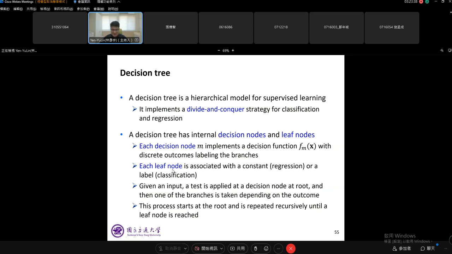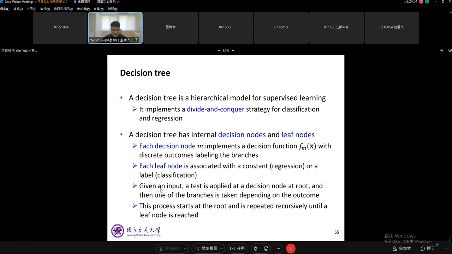It itself is a leaf, so there are no following branches. So this is the difference between the decision node and the leaf node. A decision node is an internal node with associated branches of some subtree, and the leaf node itself is a leaf, so there are no following branches.